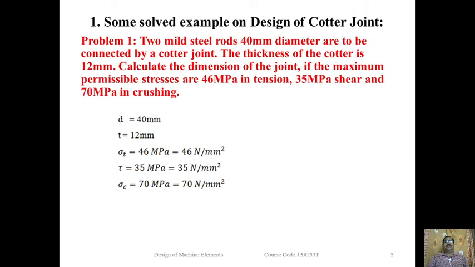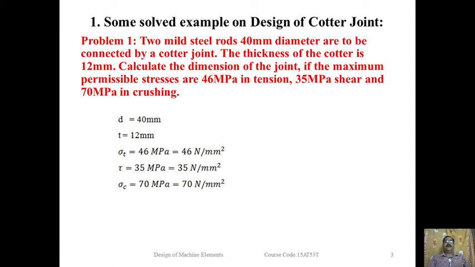So, dear students, we will study one more problem and we will solve this problem, which is on the design of quarter joint. The problem is: two mild steel rods 40 mm diameter are to be connected by a quarter joint.